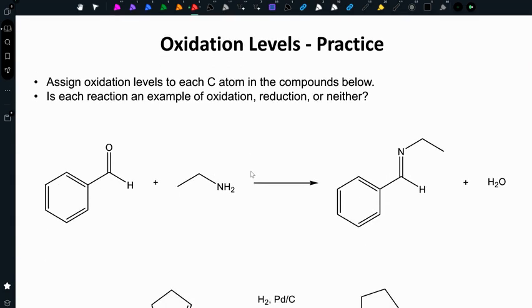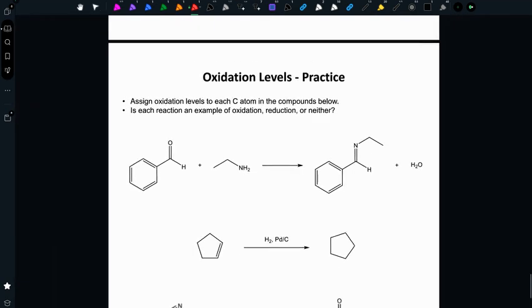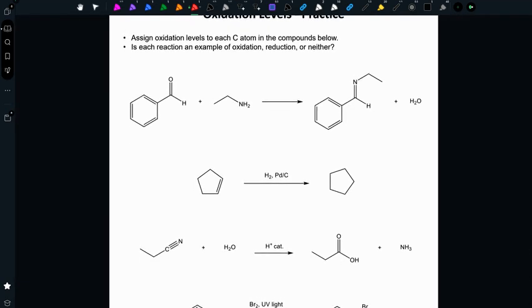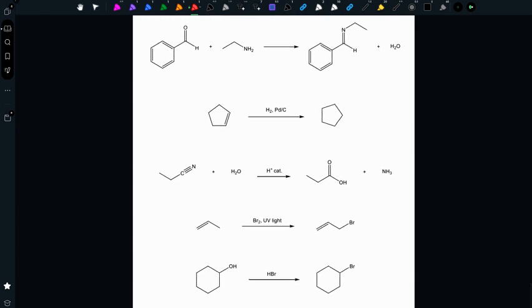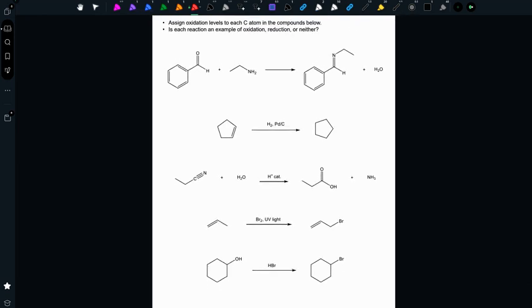So the last step, I want you to practice on your own, assigning oxidation levels to each carbon atom in the compounds, and then you can decide if the reaction is an oxidation, a reduction, or neither. So I want you to pause and go ahead and do that, and then you can check your answers.